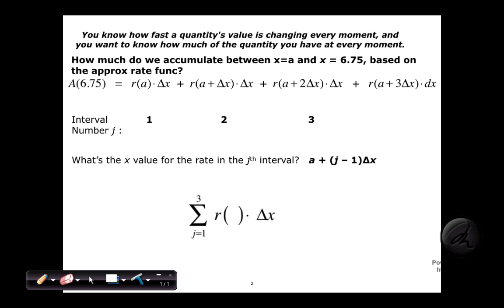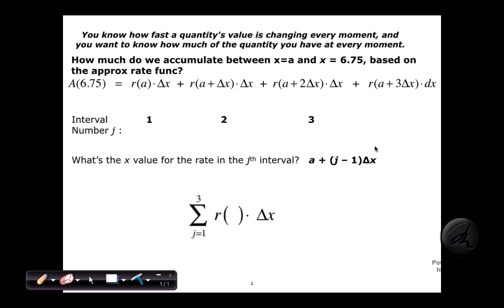So the first interval, I'm going to have A plus no delta x's, if you want to think of it like that. The second interval, at the beginning of that interval, the x value is A plus 1 delta x. Third interval, A plus 2 delta x. Fourth interval, A plus 3 delta x, and so on and so on. So by putting this J minus 1 in there, this is just a technicality of setting this up, but once we have it set up, we're good and we can use this for all of this.